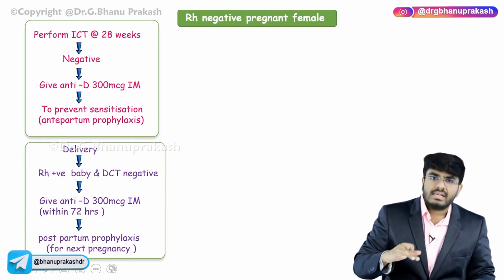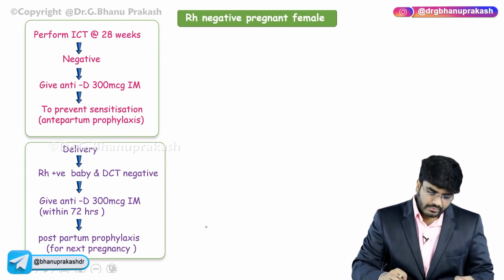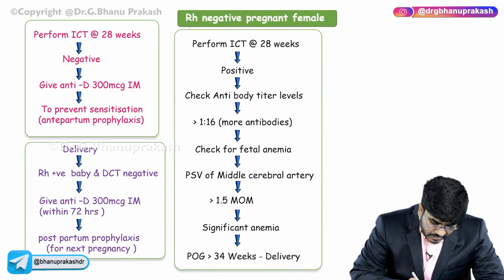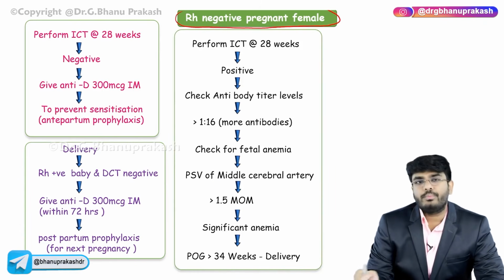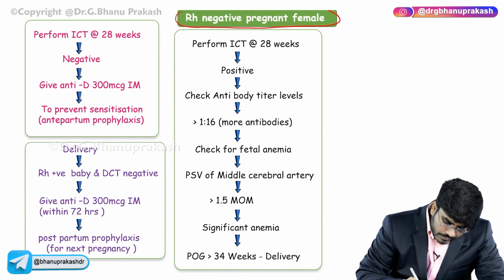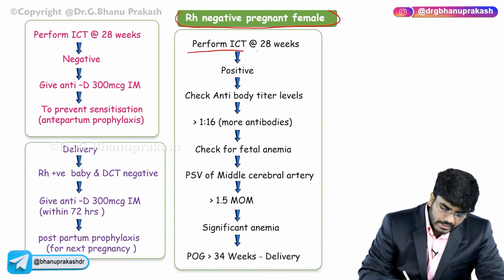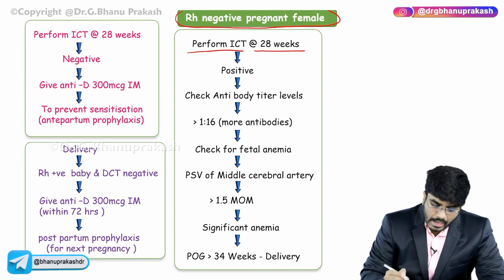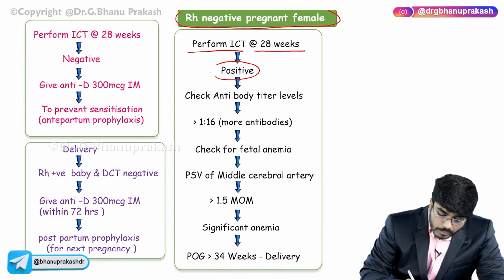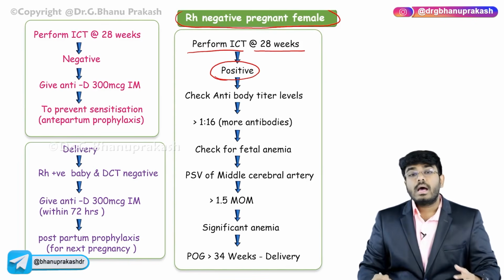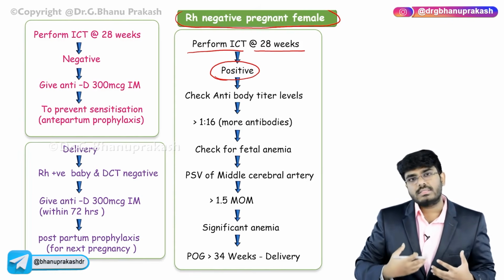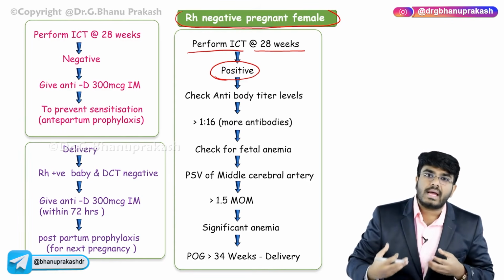Now take the same scenario in a different way. If there is an RH negative pregnant female who comes to you, what are you going to do? You are going to perform the indirect Coombs test at 28 weeks. Now if it is coming positive, it means the mother's immune system is already sensitized.